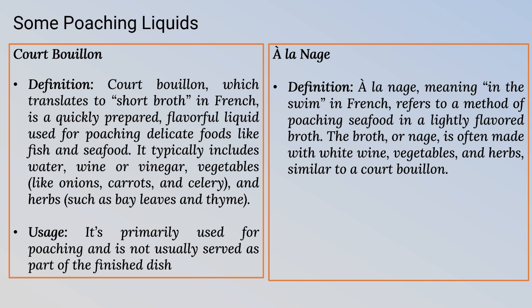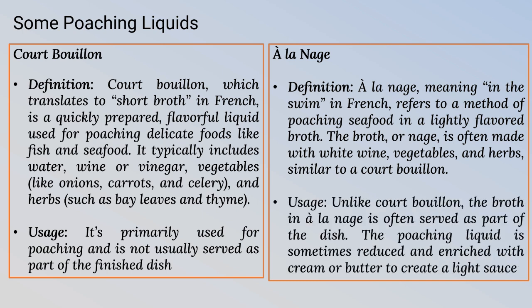The broth or nage is often made with white wine, vegetables, herbs, which is very similar to court bouillon. In court bouillon, the seafood is poached, and how is it served? Unlike court bouillon, the broth in à la nage is often served as a part of the dish. The poaching liquid is sometimes reduced and enriched with cream or butter to create a light sauce.